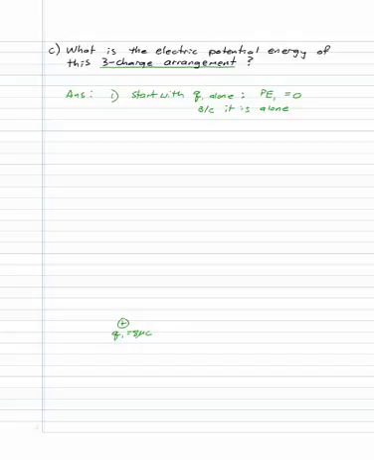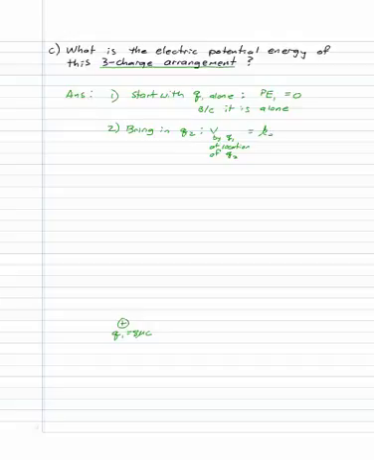Okay, so now we bring in the next charge. So I'm going to calculate the electric potential by Q1 at location of Q2. So just thinking about the location of Q2, let's go ahead and get the potential there before I actually put the charge there.